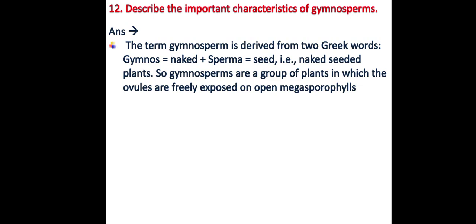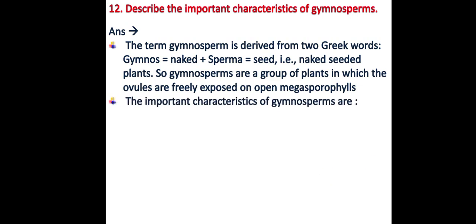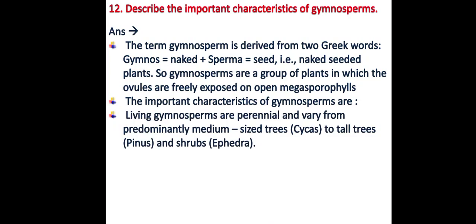So gymnosperms are a group of plants in which the ovules are freely exposed on open megasporophylls. The important characteristics of gymnosperms are: living gymnosperms are perennial and vary from predominantly medium-sized trees like Cycas to tall trees like Pinus and shrubs like Ephedra.